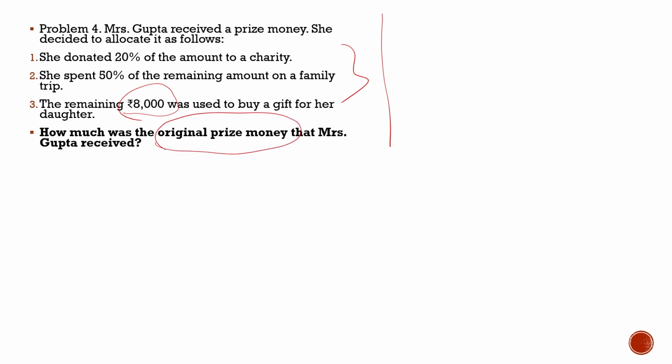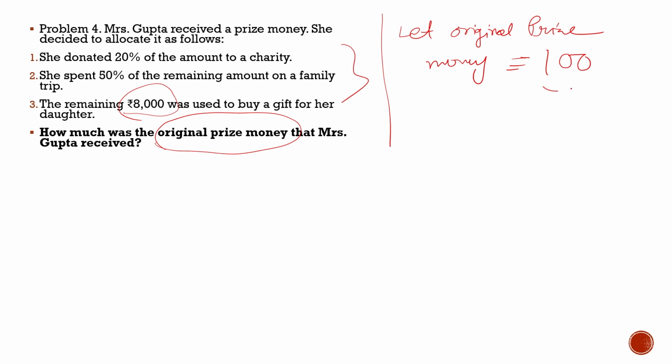You can either assume that it is X, or for better understanding or simple understanding, you can assume that the original prize money is 100. Since it is given in percentage, we will assume that the original prize money she has received is 100.